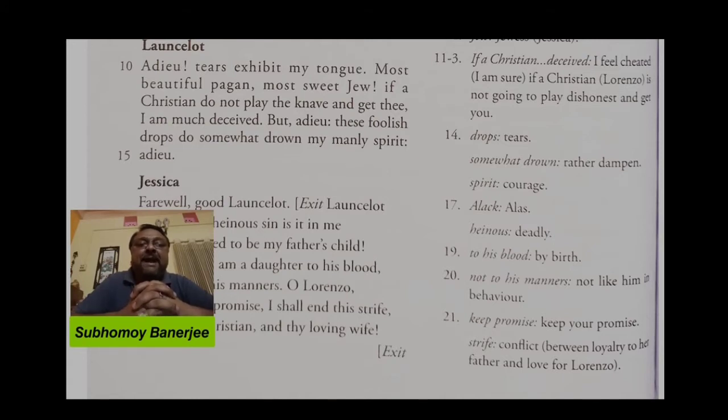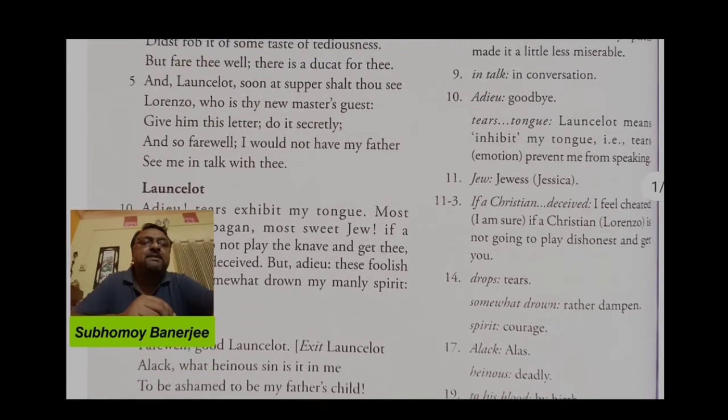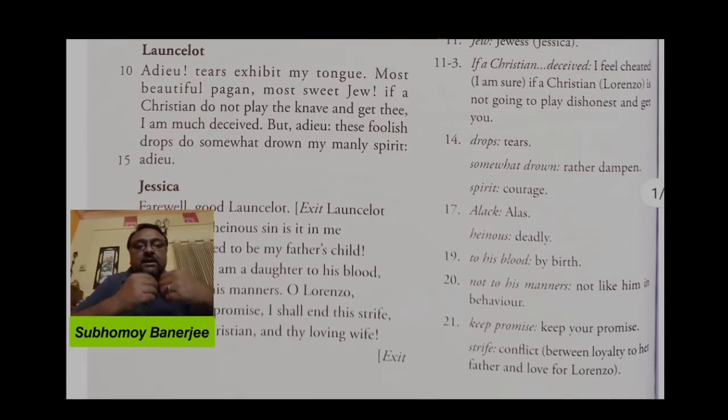"Most beautiful pagan, most sweet Jew." So you are really a beautiful pagan. Pagan means one who wants to show herself as somebody revolting against the existing customs. So you are a beautiful rebel. In other words, you are a beautiful rebel, and you are really one who loves to enjoy her life.